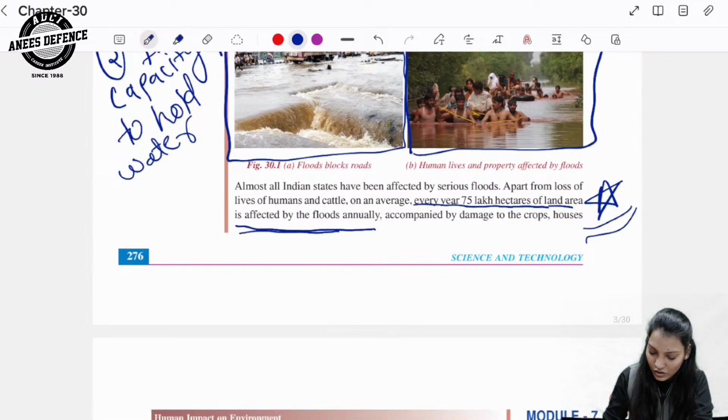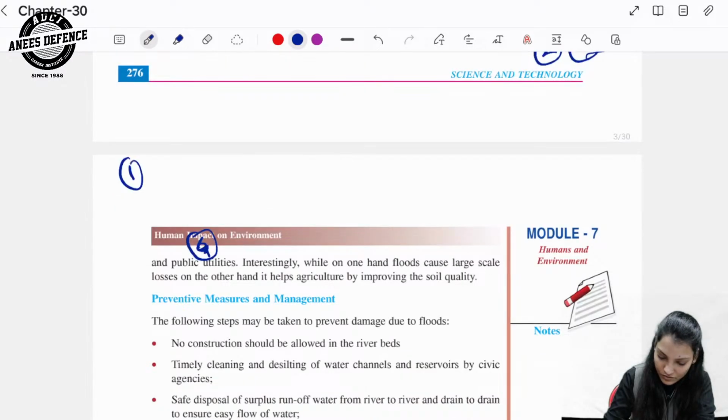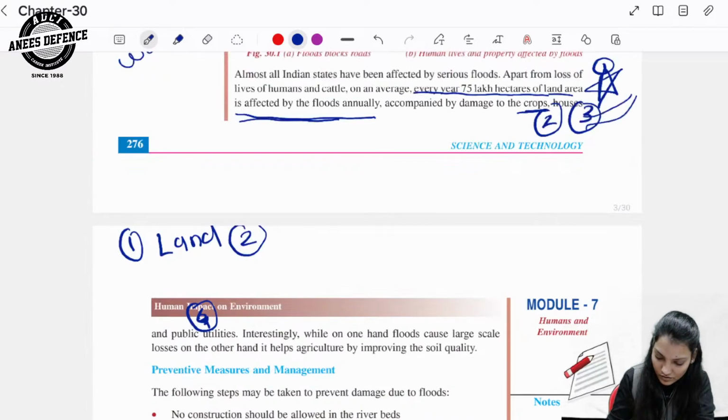Because of flood, not only land is getting affected, but there are other factors also which are getting affected. First one was land. Second, which is getting affected, is crops.